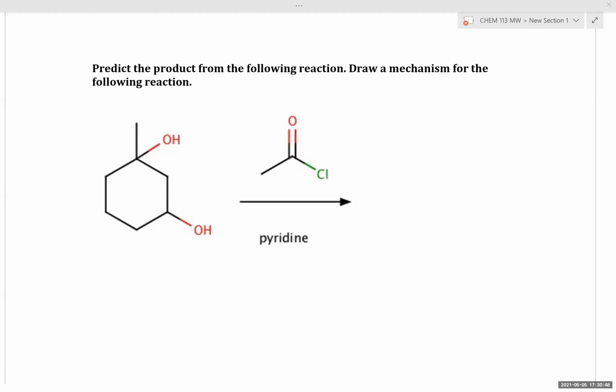Okay, so when we last left off, we discussed carbonyl substitution reactions and reactions to prepare esters and amides directly from acyl chlorides.